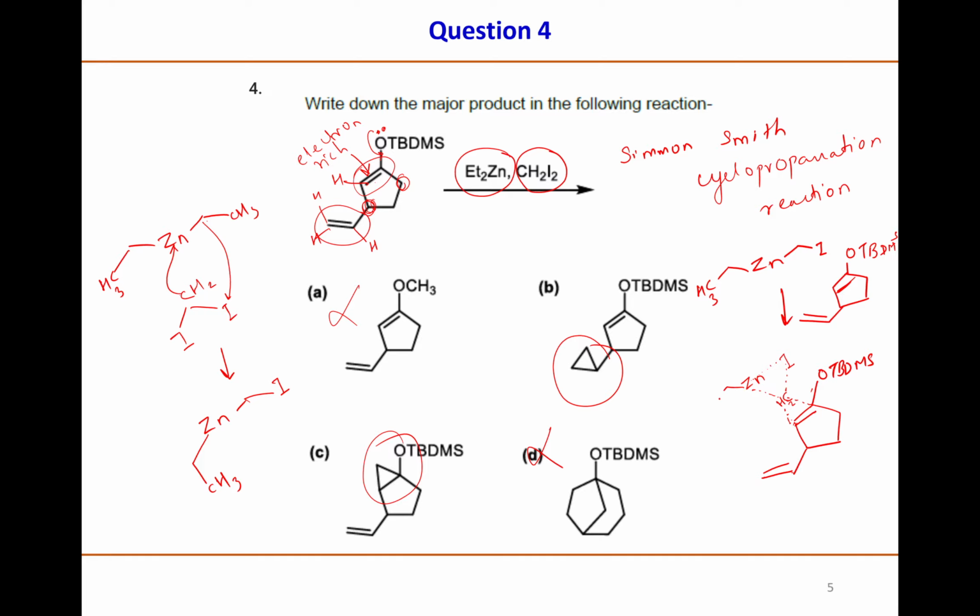This way. And the other group will remain as it is. After formation of this intermediate, bond breaking and bond making will take place simultaneously, and we will get here, sorry, this is a solid bond.